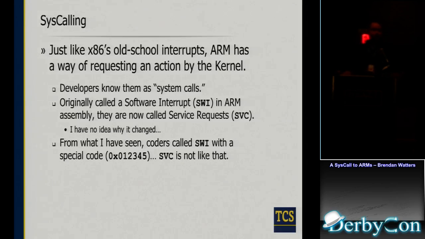If, say, the user mode process wants to write a file, it has to say, hey, kernel, I'd really like to write this file. And the kernel will give it a handle to that file or some way to access that file. But still, that user process is going through the kernel to get whatever it needs. A user process has to talk to the kernel to do anything it wants to do. And in this particular case, syscalls are how ARM goes about talking to the kernel and getting the kernel to do what it wants to do.